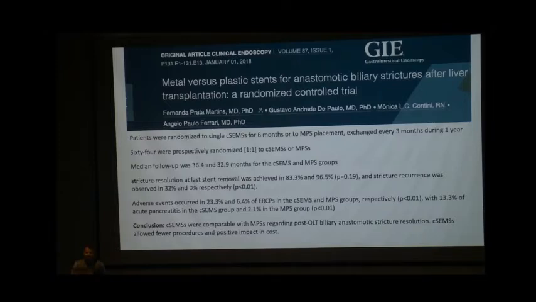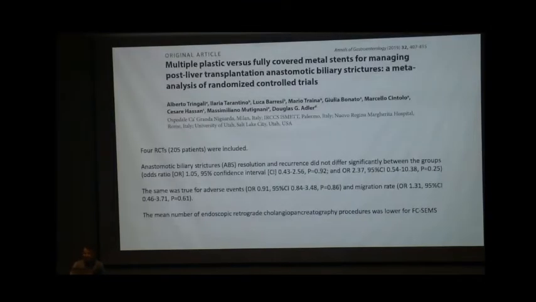Covered SEMS allowed fewer procedures. So the only advantage of covered stent is fewer procedures and lower cost. Otherwise, though not statistically significant, the placement of multiple plastic stents is as good or sometimes yields a better result, but the patient would require multiple procedures. So this is as per this particular RCT.